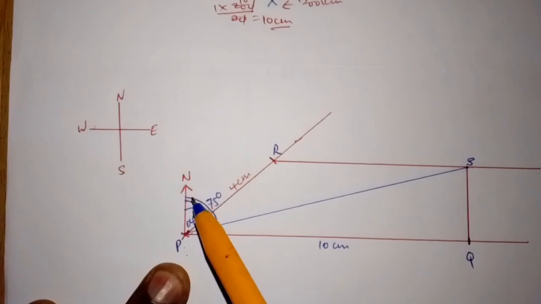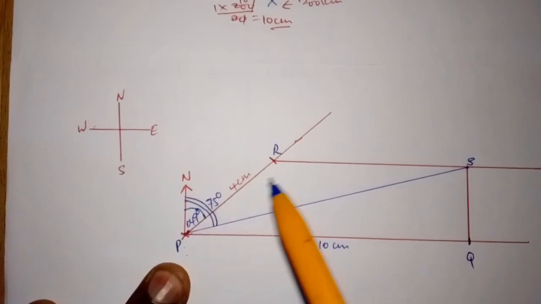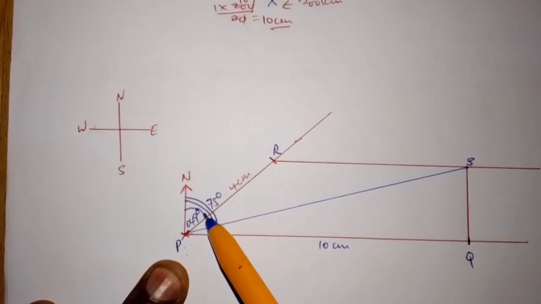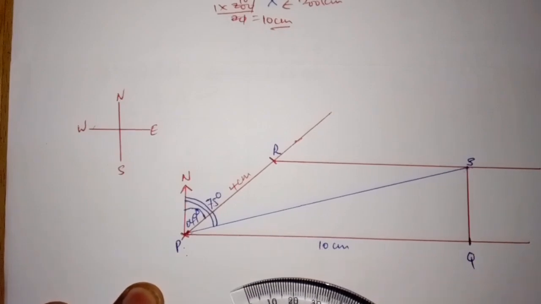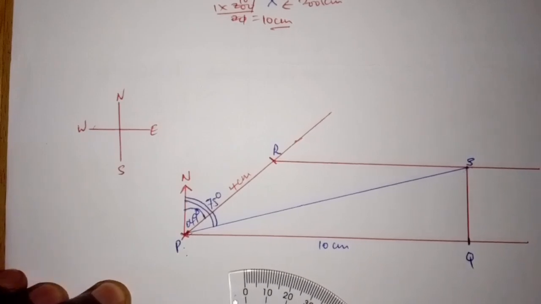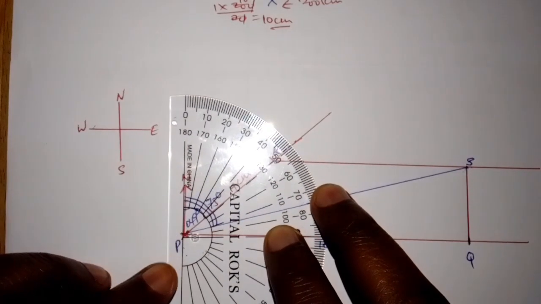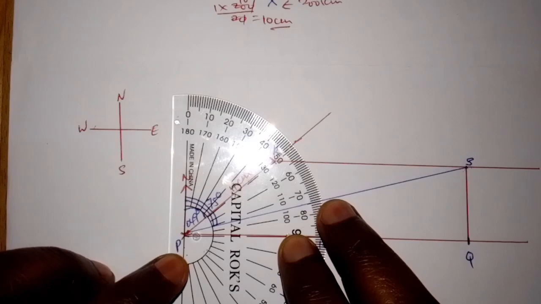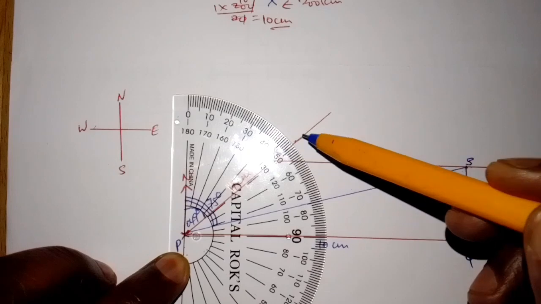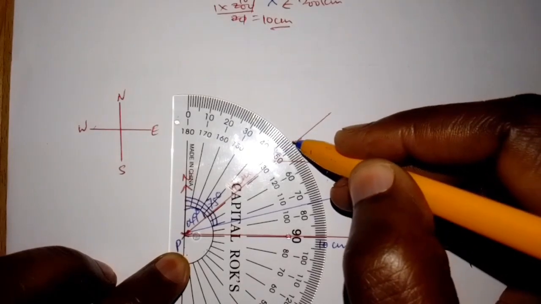Town R is at a distance of 80 km on a bearing of 049 degrees, so we use our protractor to sketch town R from P. 049 degrees on the protractor is 0, 10, 20, 30, 40, 49. So we mark 49 here.